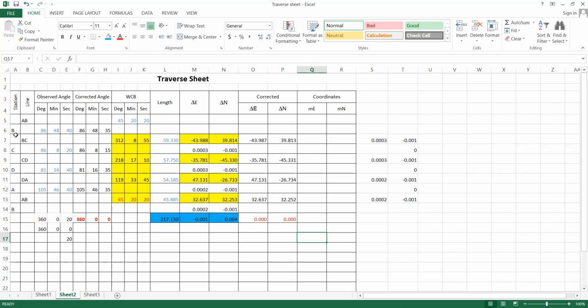Now in our traverse sheet, the first station is B. Here if it is not given, right? If a GNSS coordinate of one station is not given, then you are free to select any random coordinate. So we go for local coordinate. It doesn't matter. So let's say we go for 500, 500.